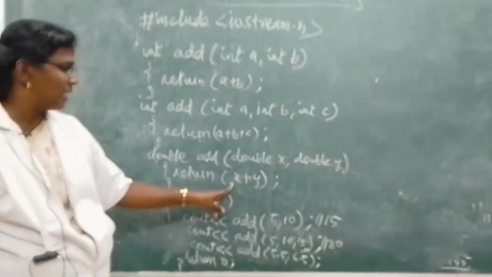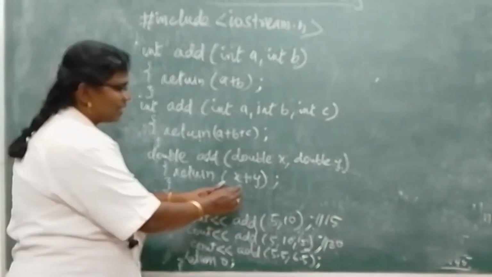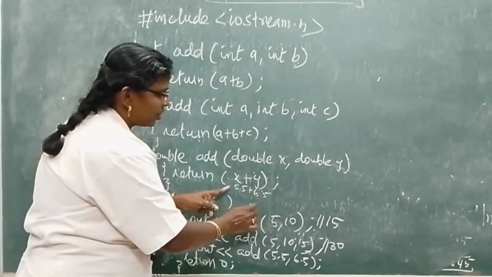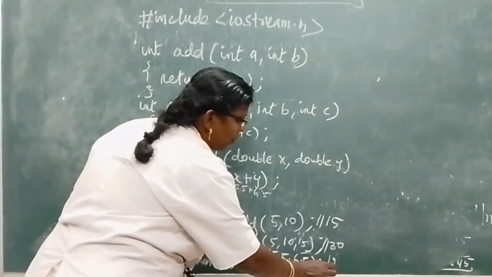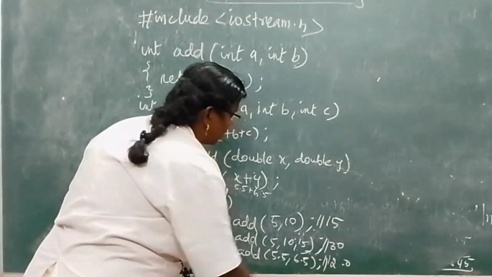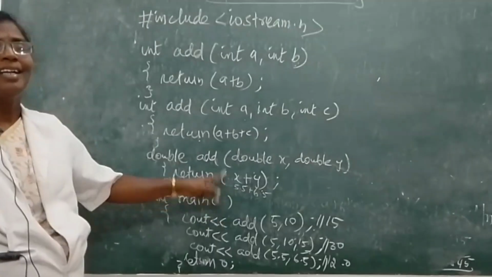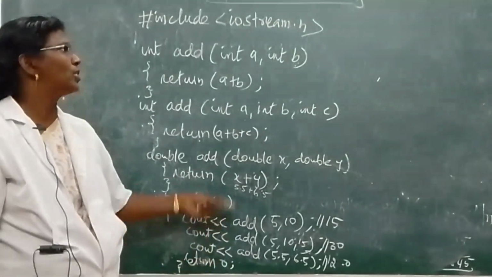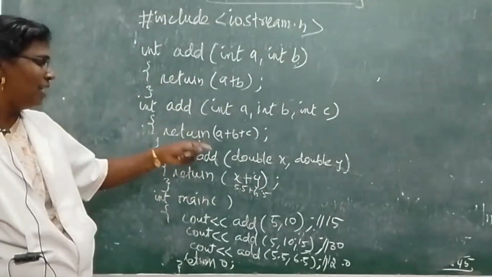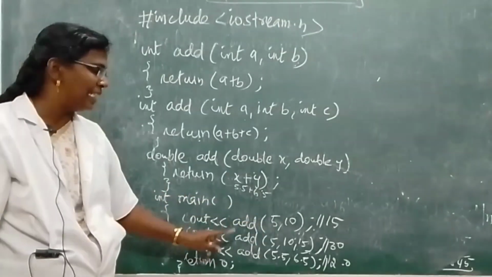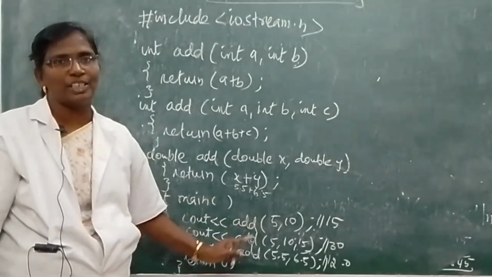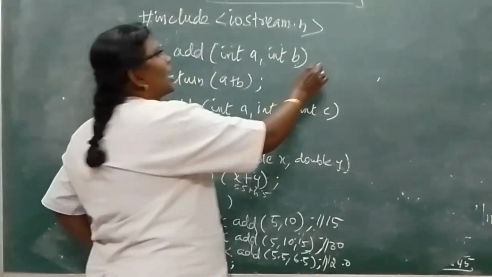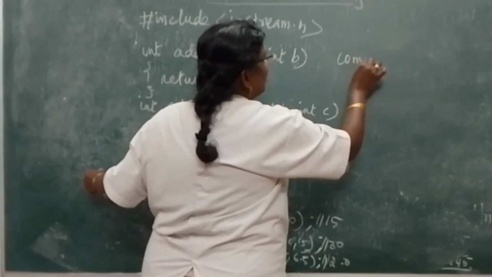Double x, 5.5 plus 6.5. So the result will be 12.0. Right? So that is the concept called function overloading. So based on the data type and return type, the corresponding function is called. So this is also called compile time polymorphism.